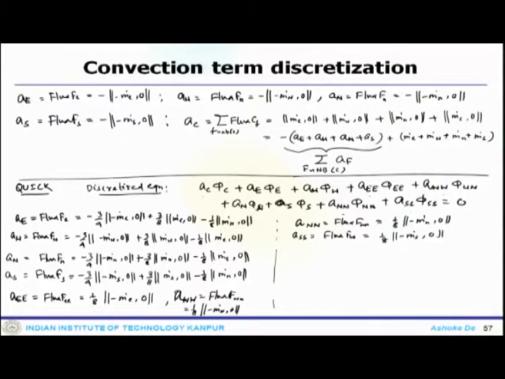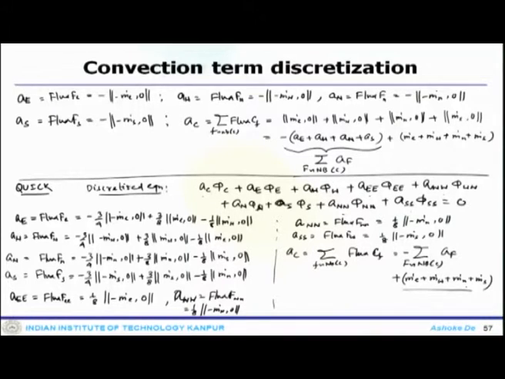So, finally, you get the term A C, which will be the summation of the fluxes of C F. So, A C is the summation over all the phases, flux C F, that is minus summation over F, N B cell, A F phi F, or rather one can write A F plus m dot E plus m dot W plus m dot N plus m dot S. So, this term comes from the mass conservation.